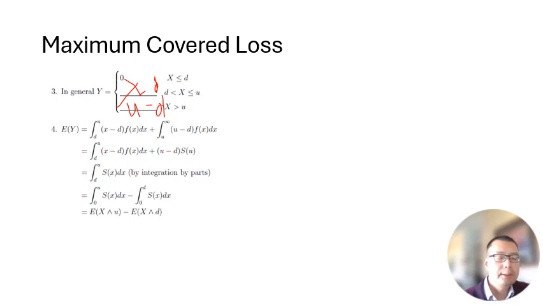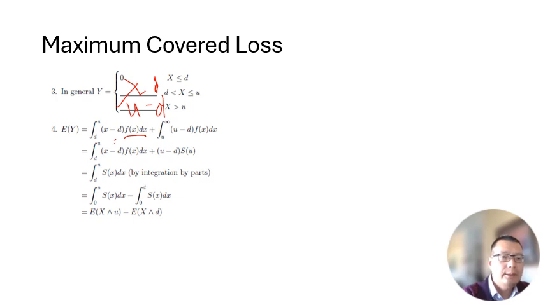Now the expected payment Y can be calculated as follows. Based on these three cases above, when X is less than D, the payment is 0, so we don't need to consider that. When X is between D and U, you integrate the payment, which is X minus D, with the probability density function f(x).